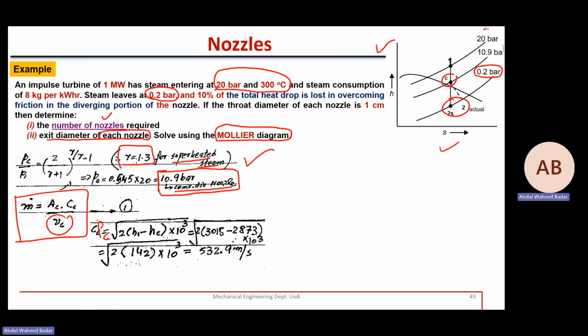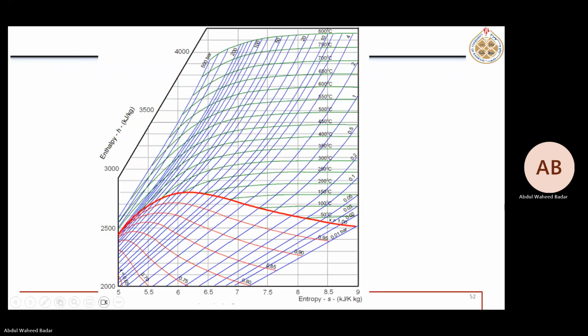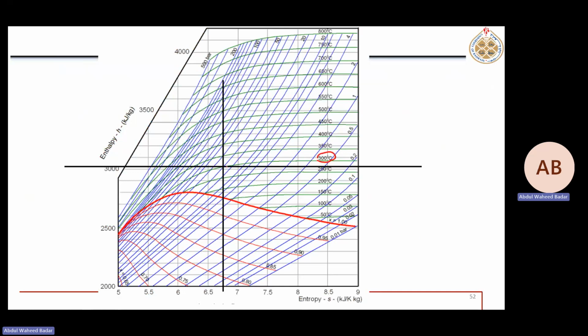Then let's now find out CC, H1, and HC because now PC is given. So all these values from this chart. H1, I think it is 300 degrees Celsius. Whatever is the pressure, right? 20 bars was the pressure. So where is the enthalpy? For the same line, the second pressure we calculated is 10.9 something.